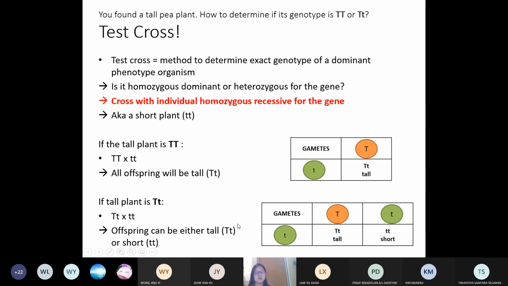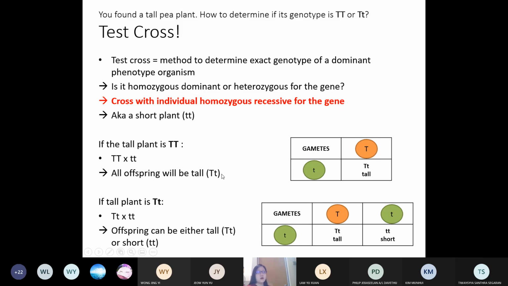You do it many times to verify that your results are not just by chance. Do enough sample size, make sure your experiment is reliable and you can reduce anomalies, right? So after that, you look at the offspring.